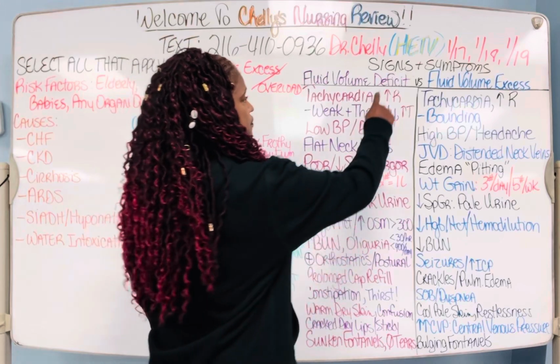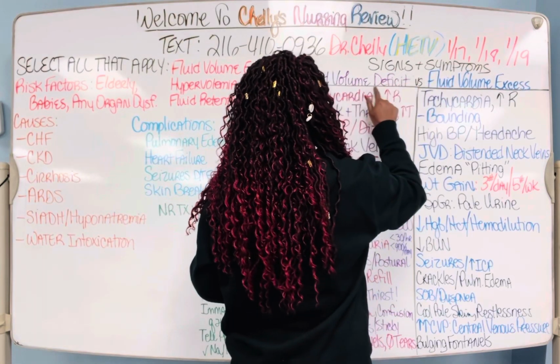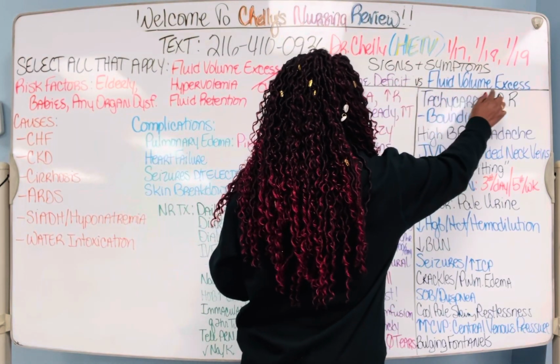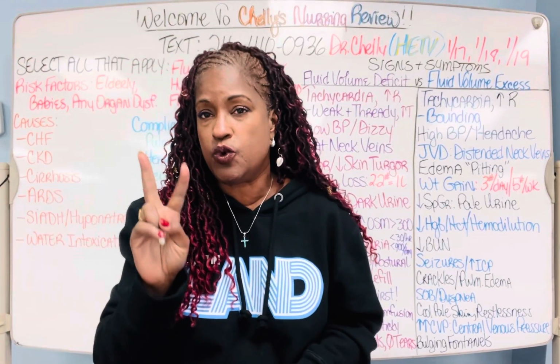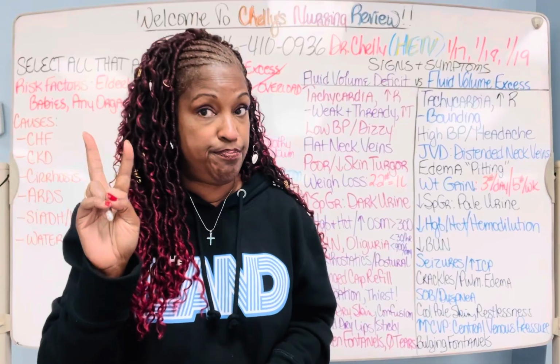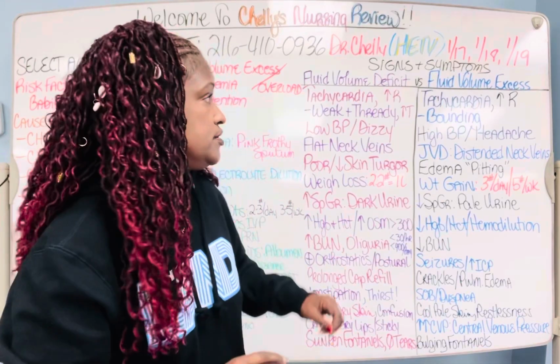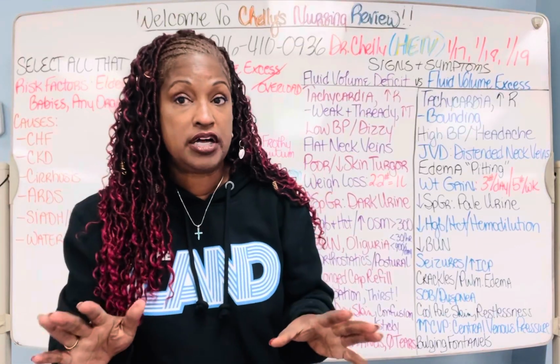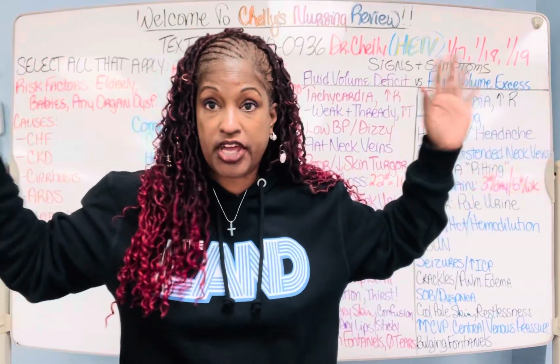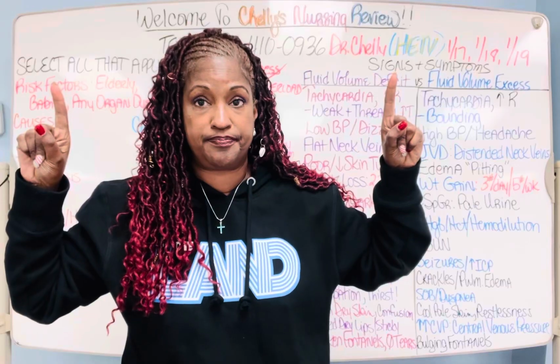Number one, the signs and symptoms of fluid volume deficit and fluid volume excess start out the same for two big things. Those things are the pulse and the respiratory rate. Both the pulse and the respiratory rate for both conditions are going to be high.